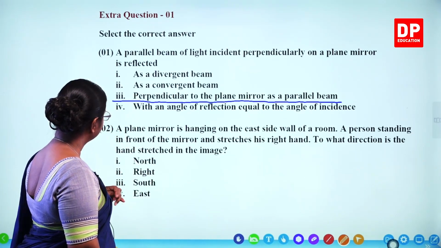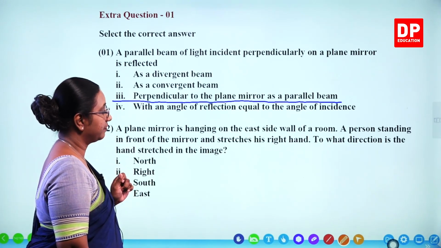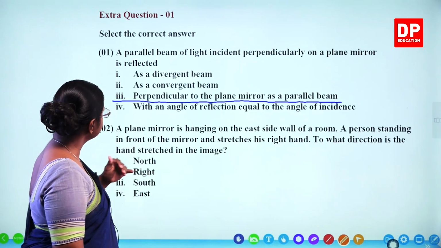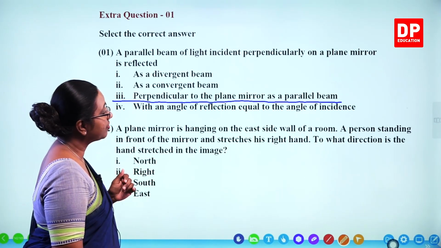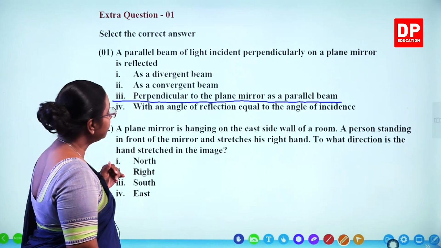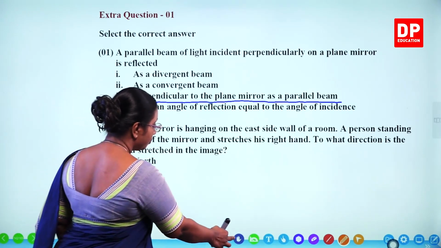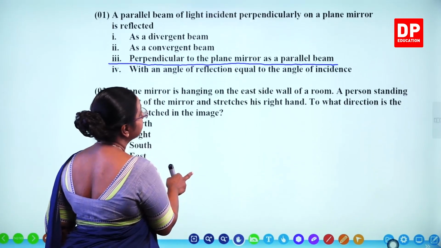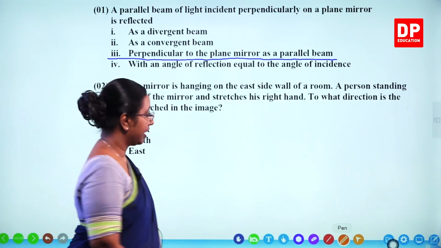Then the second one. A plane mirror is hanging on the east side of a room. A person standing in front of the mirror stretches his right hand. To what direction is the hand stretched in the image? So to understand this, it would be easier if we mark the directions.